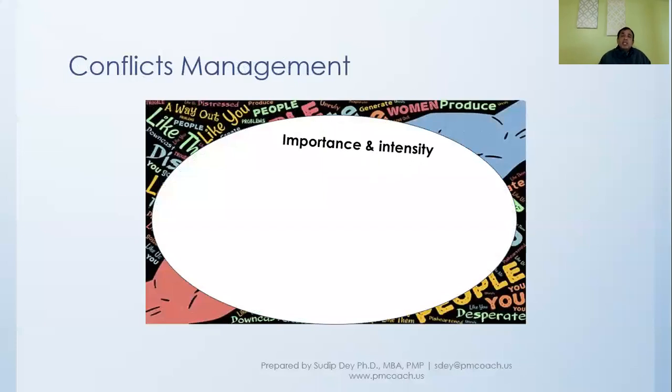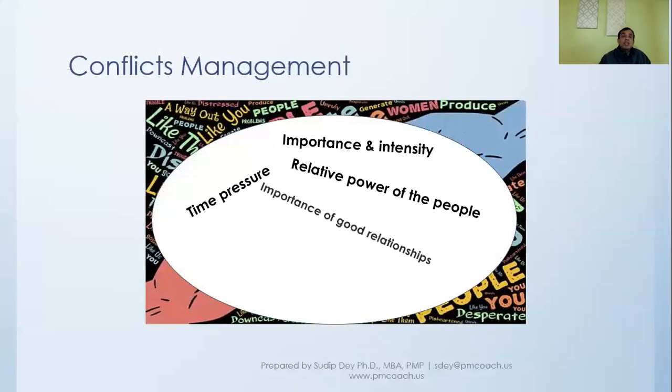For example, it will depend on importance and intensity: how important it is to resolve that conflict, and how intense that conflict is. Then time pressure, how quickly we have to resolve that conflict. And what is the relative power of the people who are in conflict? Does someone have much more power than the other? That will also decide how the conflict gets resolved.